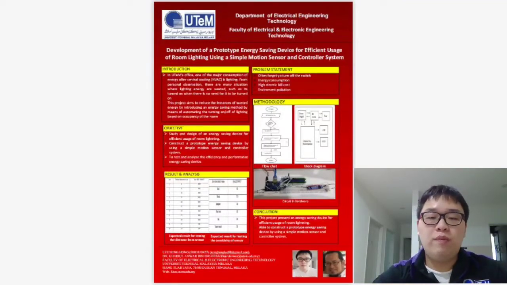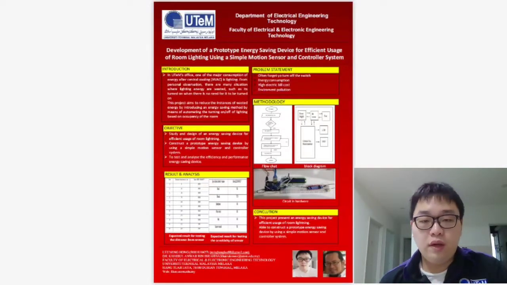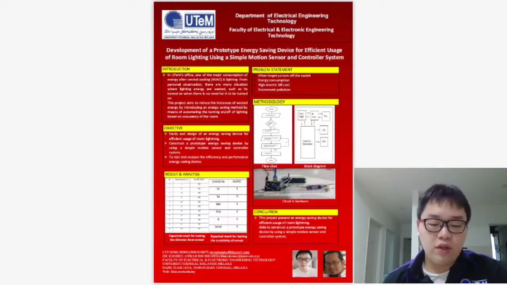The fourth part is methodology. The first is the flow chart of my project. The flow chart shows the energy saving system for efficient use of room lighting. First, when the sensor is on, the IR sensor will detect whether people are present in the room.